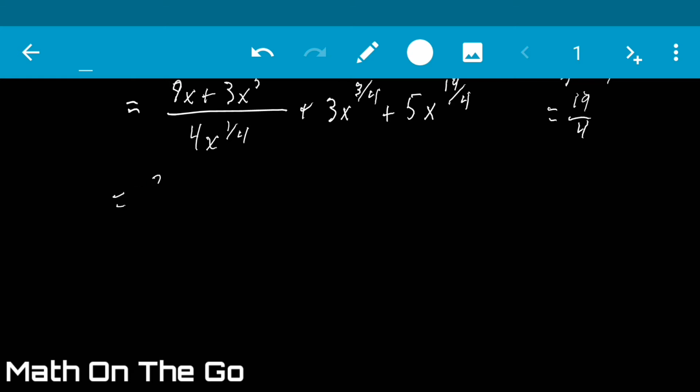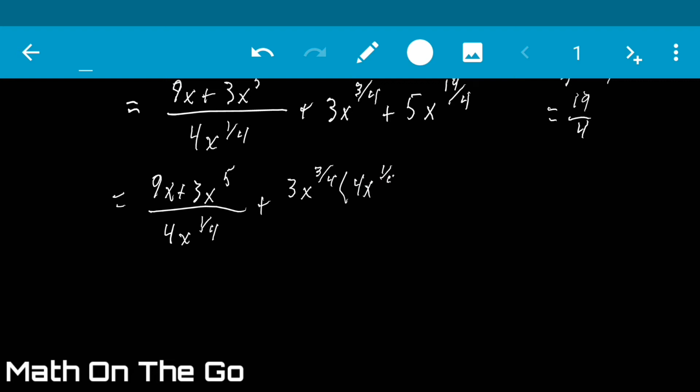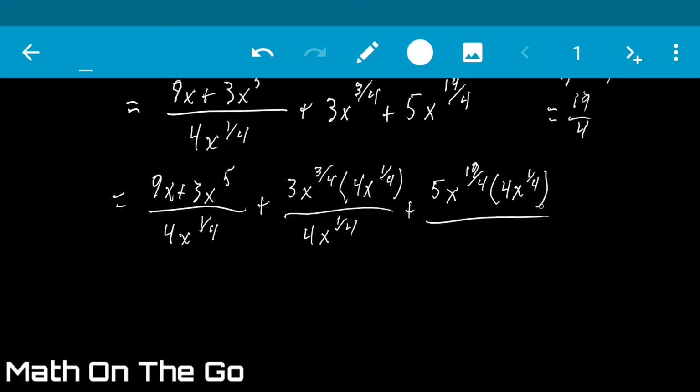So we have 9x plus 3x to the fifth over 4x to the 1/4, plus 3x to the 3/4 times 4x to the 1/4 over 4x to the 1/4, plus 5x to the 19 over 4 times 4x to the 1/4 over 4x to the 1/4.